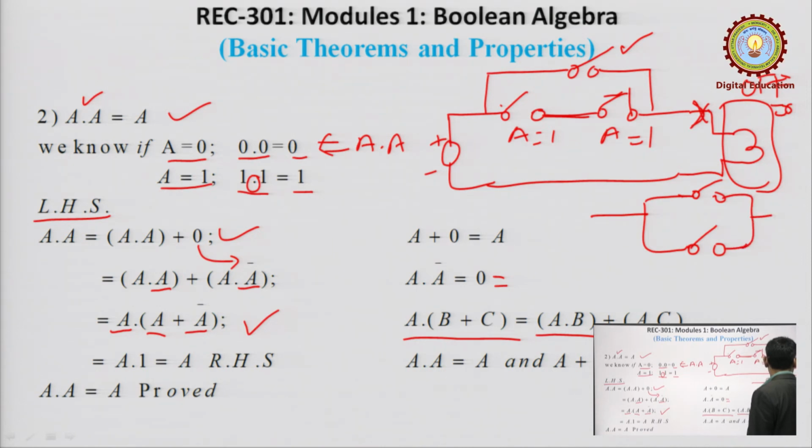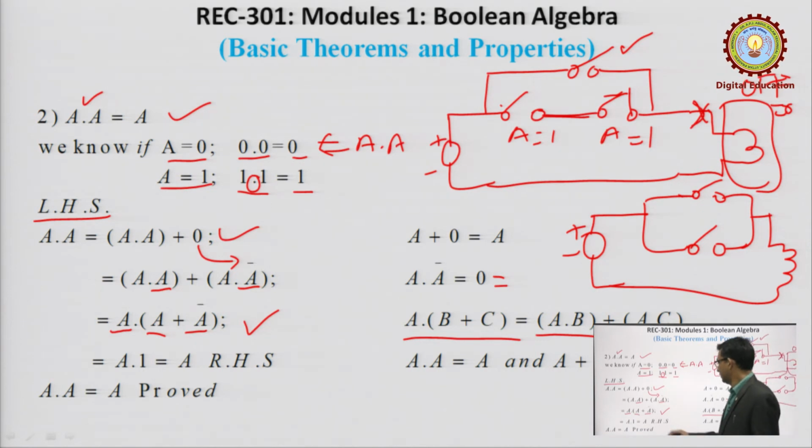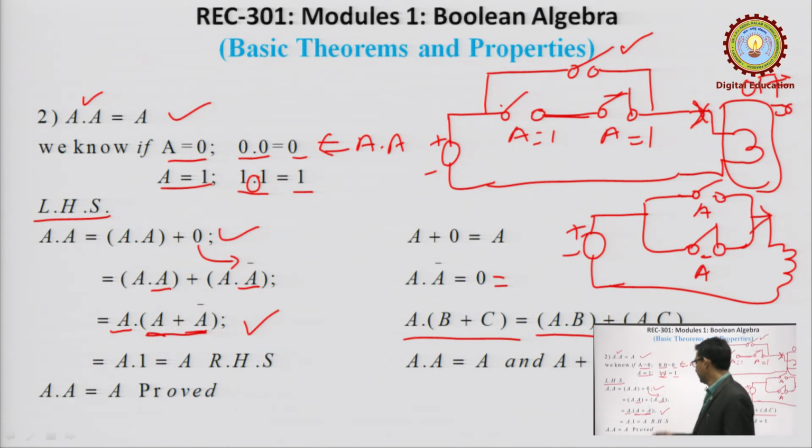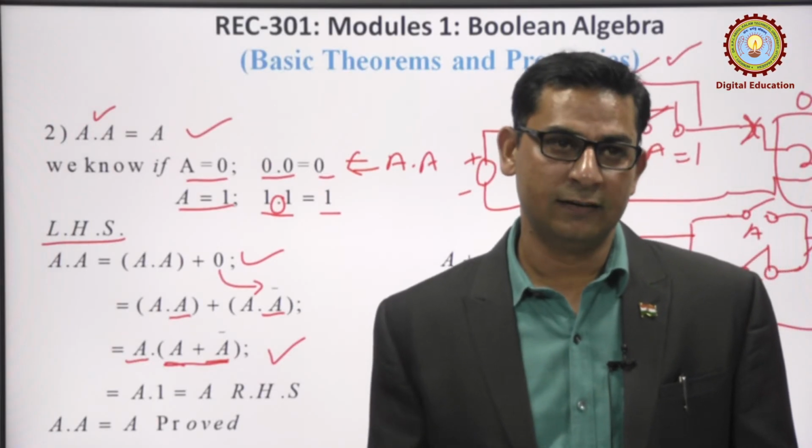This is the appliance and this is plus minus. Okay. So, if one switch is on, one of these is A, this is A bar. If one switch is on, then the circuit will complete. Okay. So, we can say A plus A bar is equals to how much? Is equals to 1. Okay.